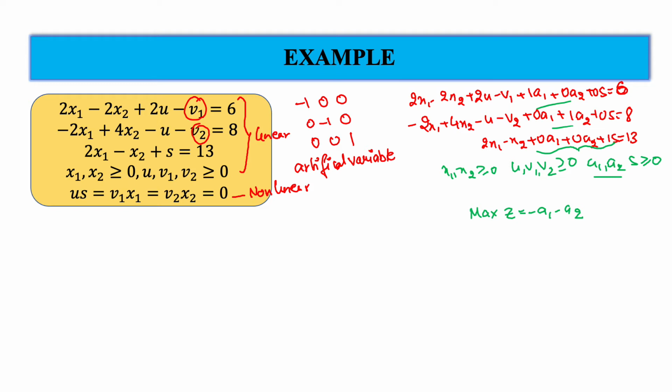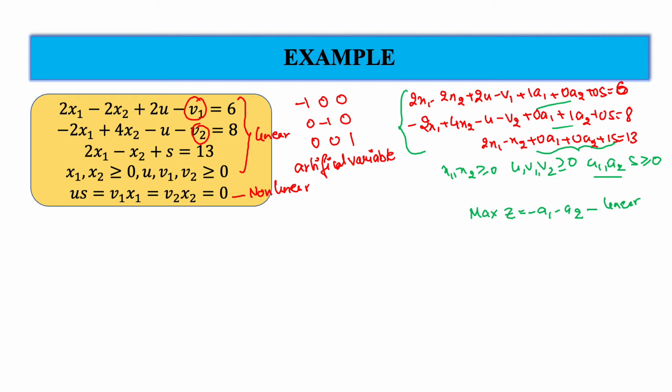So if a1 and a2 are not 0, that means our problem is infeasible. Our problem has no solution, because a1 and a2 are not becoming 0. That means we are not getting back to our original problem. So now we have a linear objective function and these constraints to solve the simplex problem.